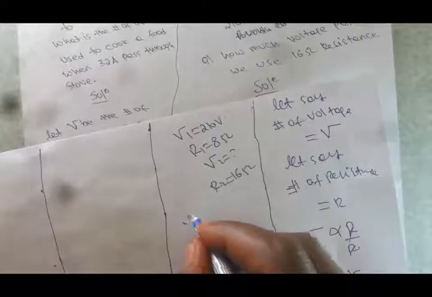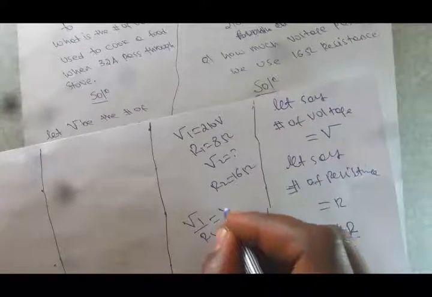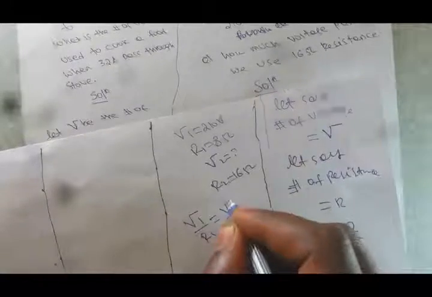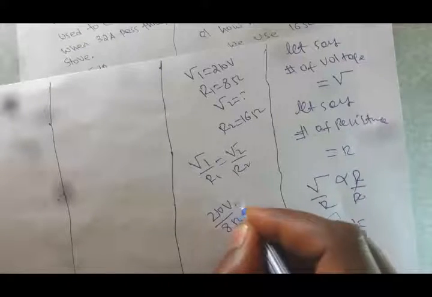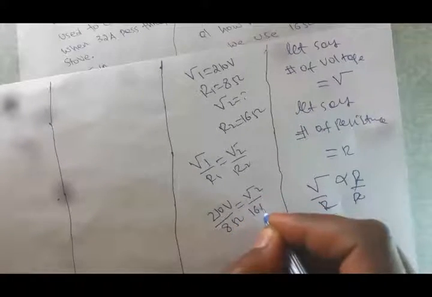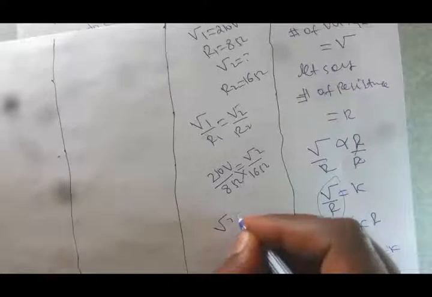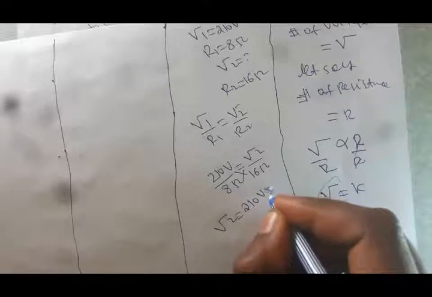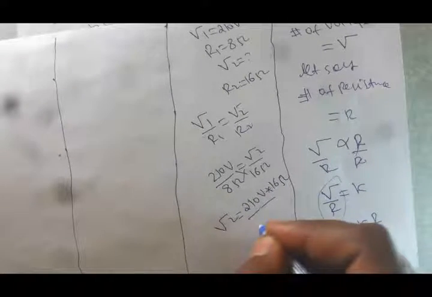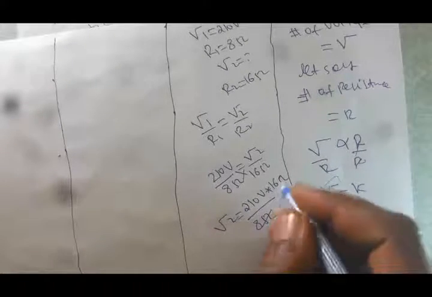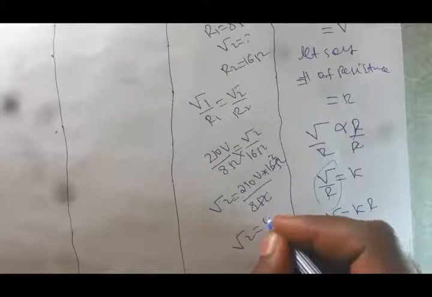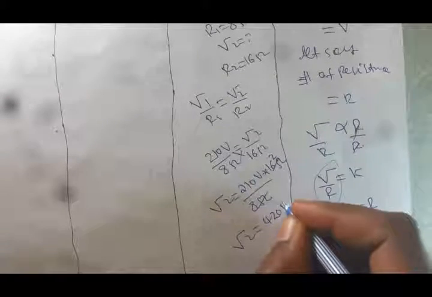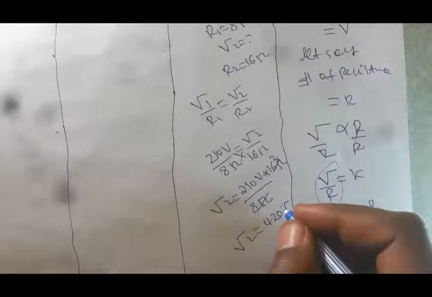We already found that V1 over R1 is equal to V2 over R2. Therefore 210 volts over 8 ohm is equal to V2 over 16 ohm, cross multiplying. Therefore V2 is equal to 210 volts times 16 ohm over 8 ohm. This cancels, and 2 times 210 gives V2 equal to 420 volts.